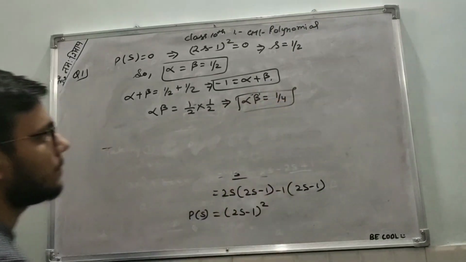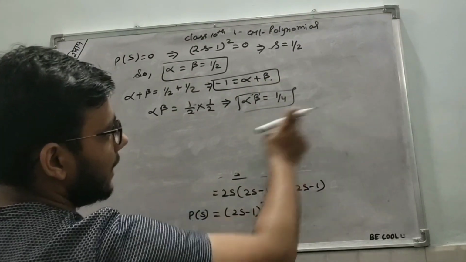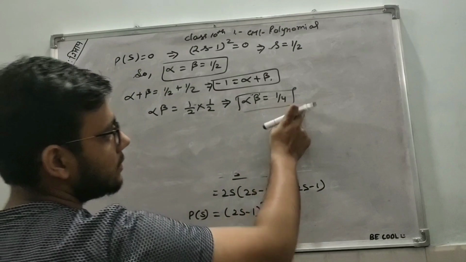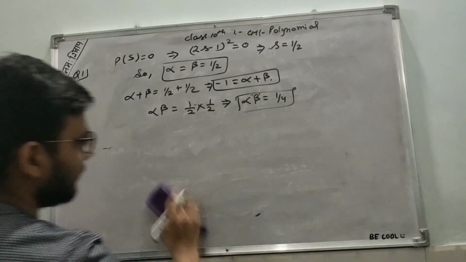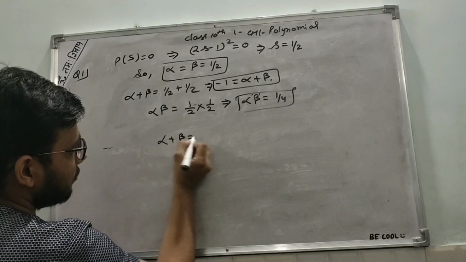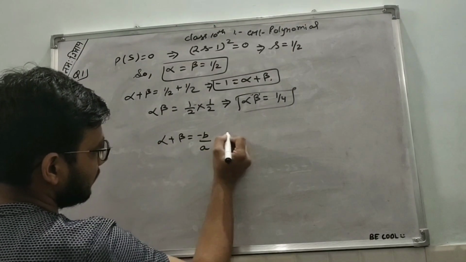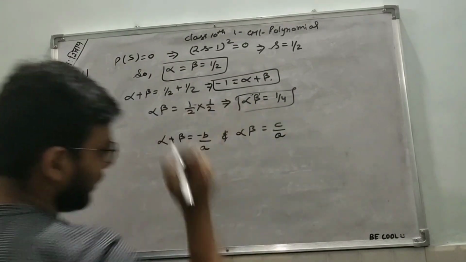Now see, alpha plus beta becomes minus b by a and alpha beta becomes c by a. So the relationship is verified. So write it as alpha plus beta is equal to minus b by a and alpha beta is equal to c by a.